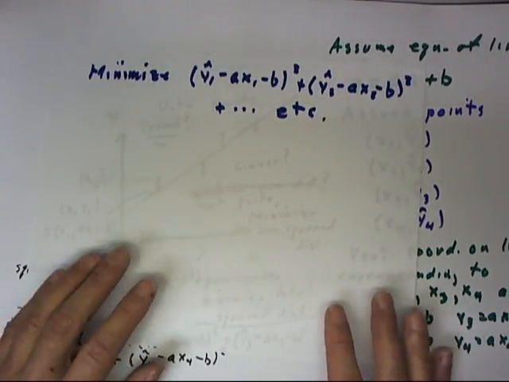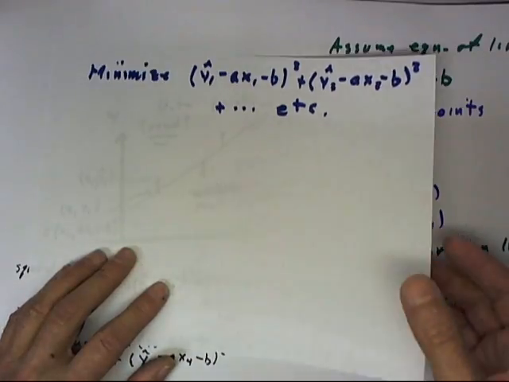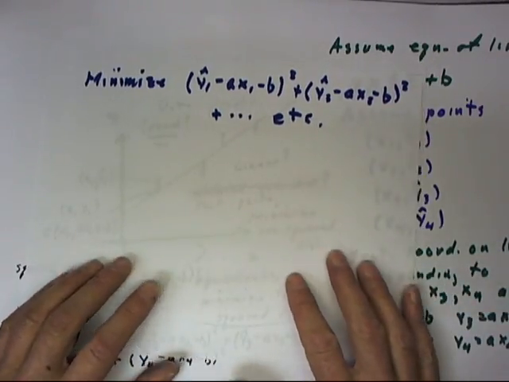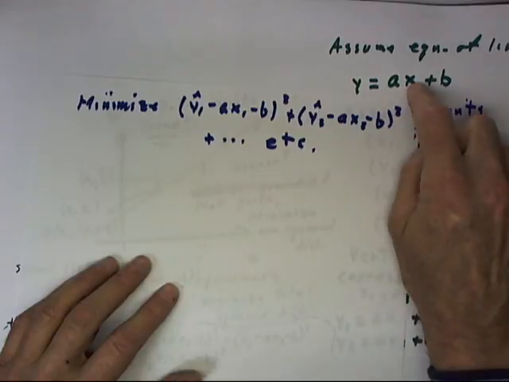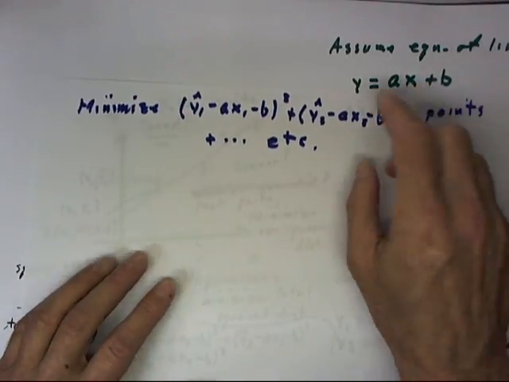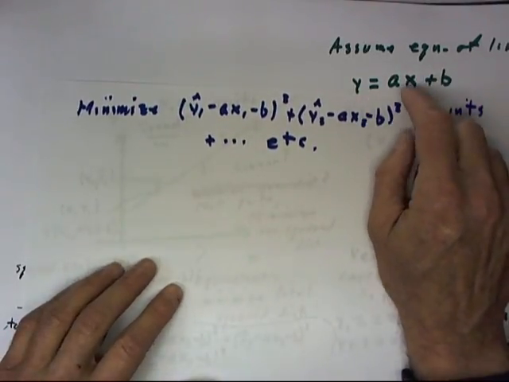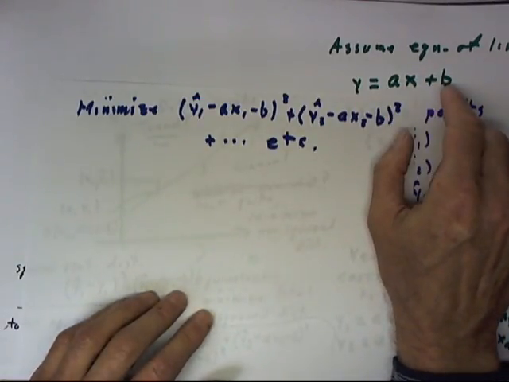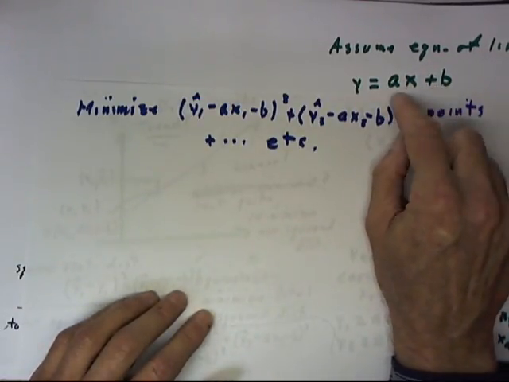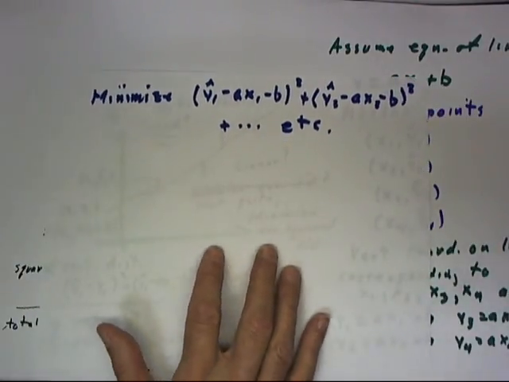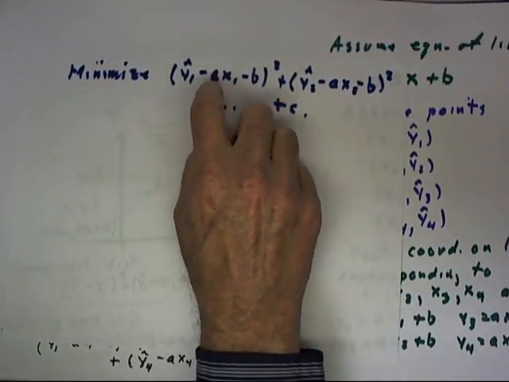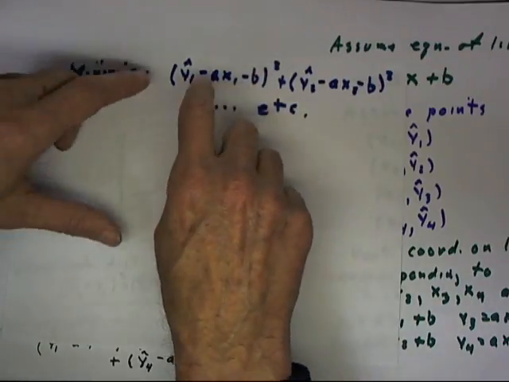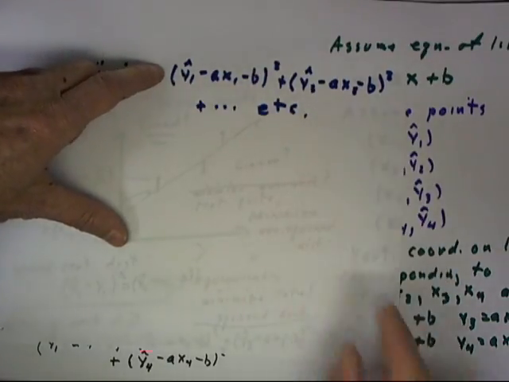The thing that we have control over, the thing that varies with this model, is the exact location and slope of this line, indicated by the slope and the y-intercept. These are flexible, meaning that as a and b change, this total distance is going to change.